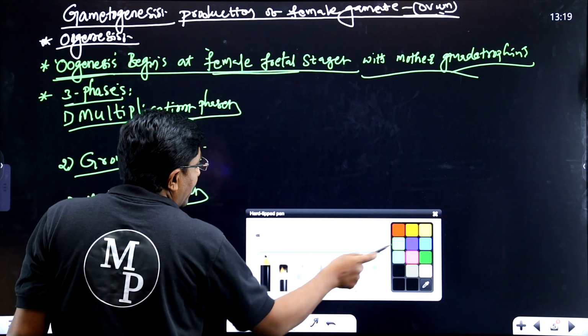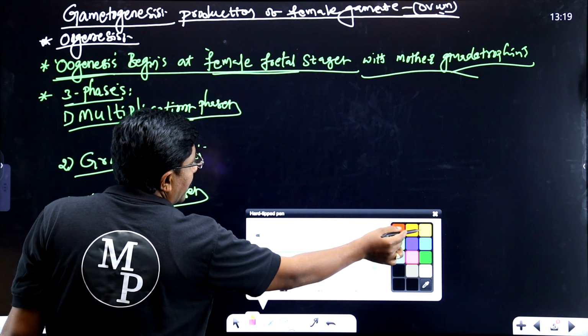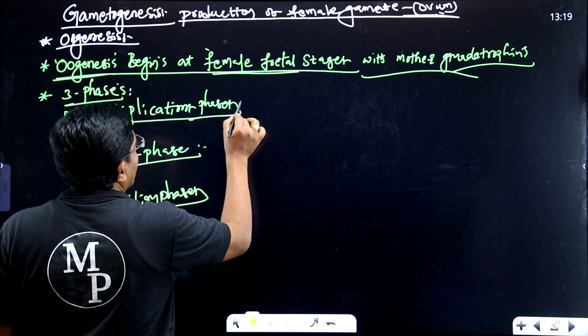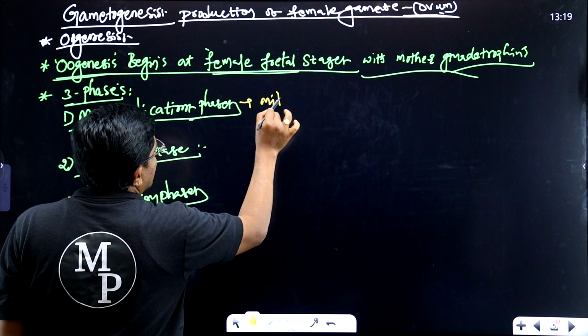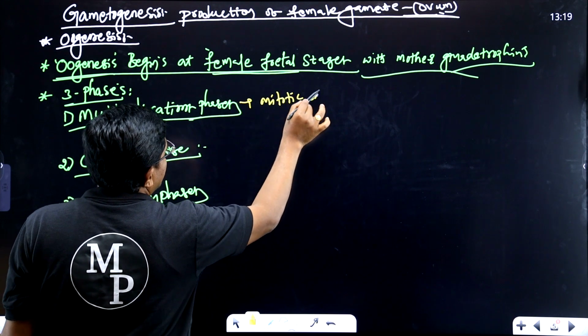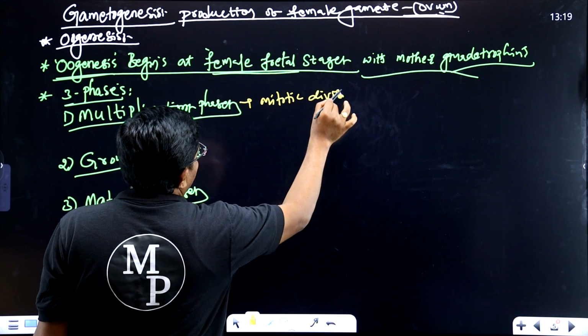In the multiplication phase, repeated mitotic divisions take place here.